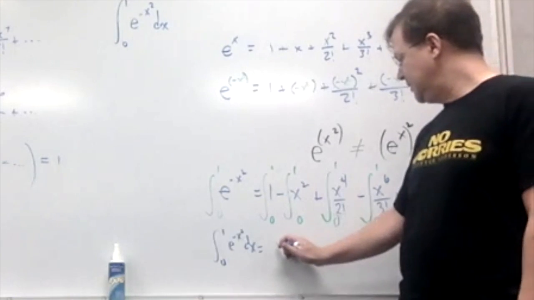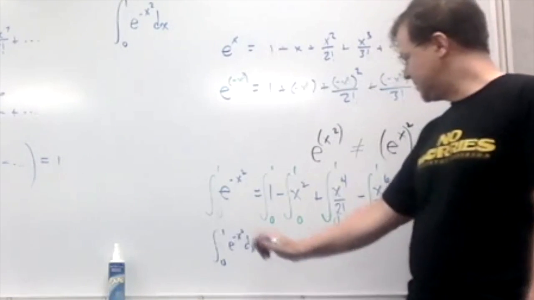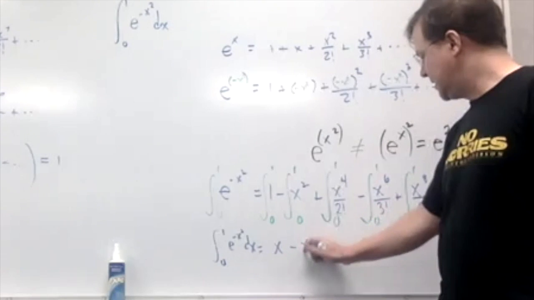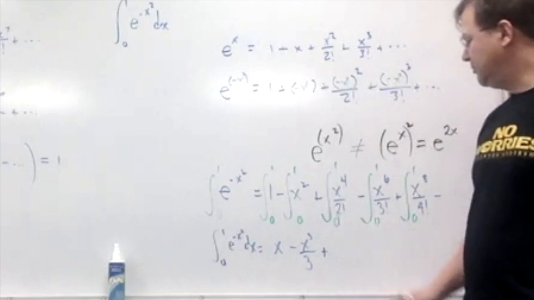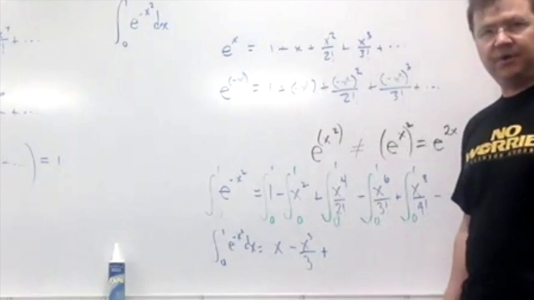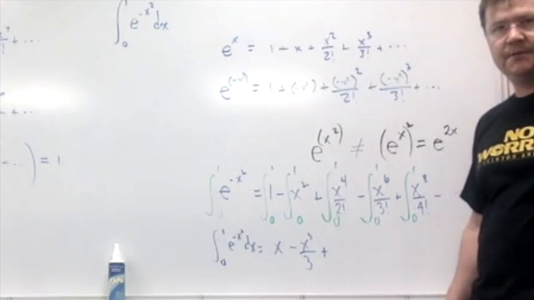Okay, no problem. So this would just be x minus x cubed over 3 plus, and each of these are going to be evaluated at 0 and 1, right?